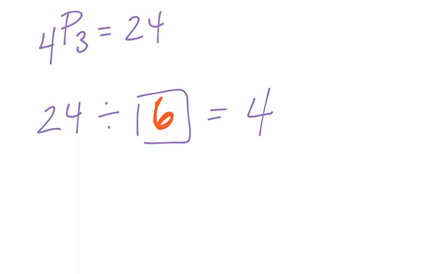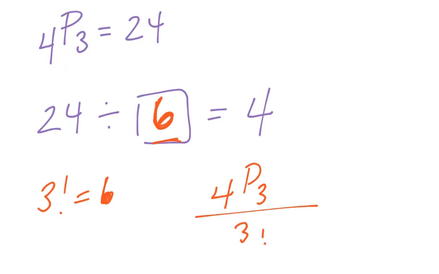So there might be a connection between this 6 and the fact that 3 factorial, or 3 ways to arrange the same letters, is equal to 6. If we wanted to calculate the number of ways to choose 3 objects from 4 objects, but the order doesn't matter, we could have just divided 4 permute 3 by 3 factorial.